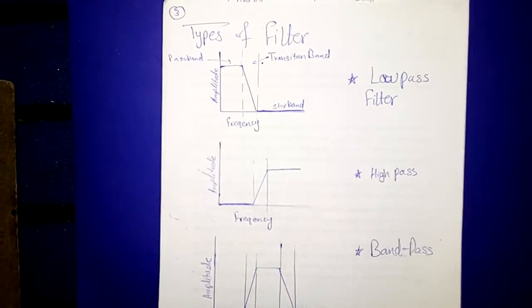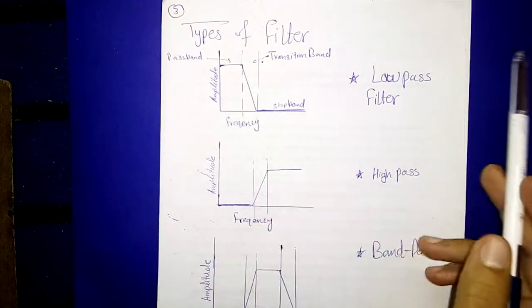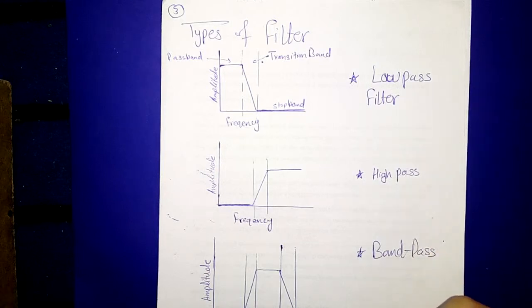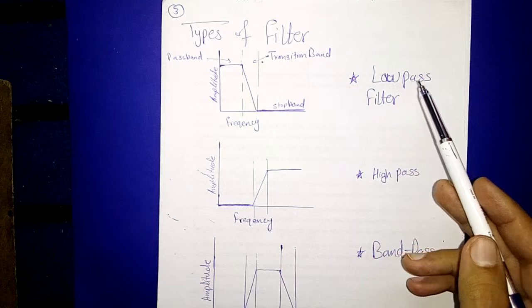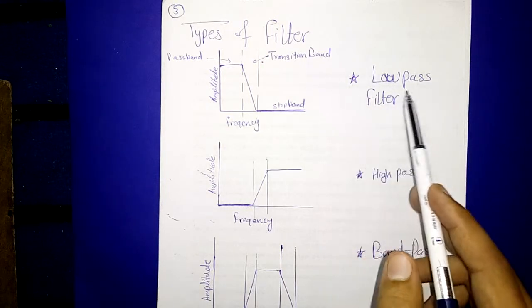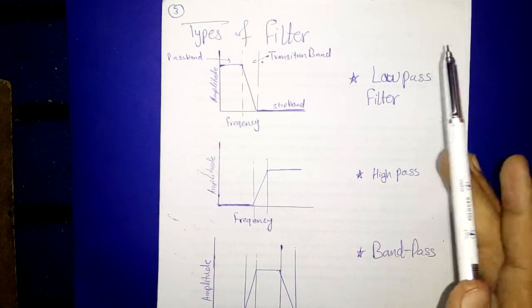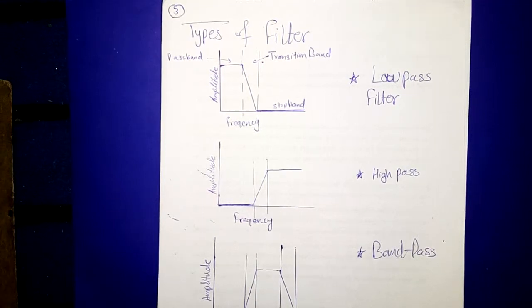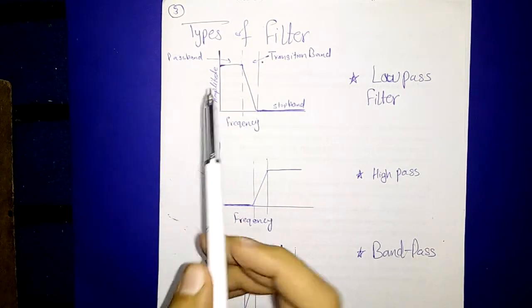The next thing we have on our hands is the types of filter. There are basic 4 types of filters. The first type is the low pass filter.